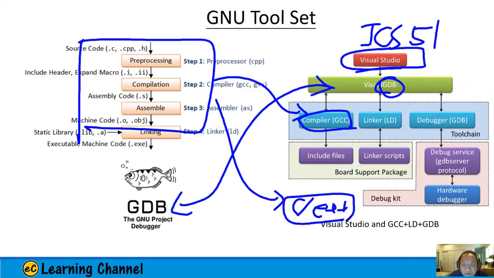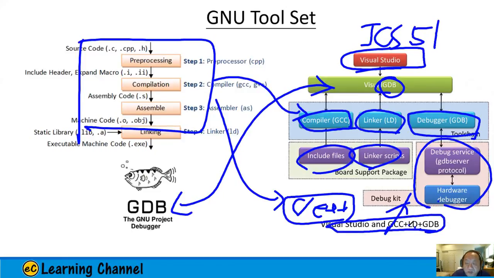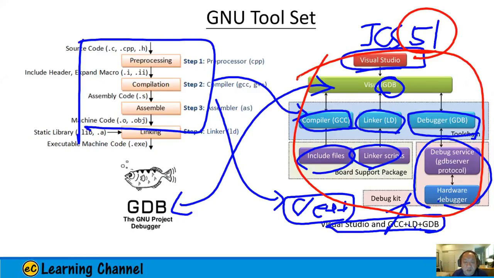It has the debugger and a linker, you can include files, and you can debug on your hardware. So this GCC plus linker may work on Visual Studio. Assume that your 51 will pick this path, and I'll try to help you set up the environment. Is that okay?